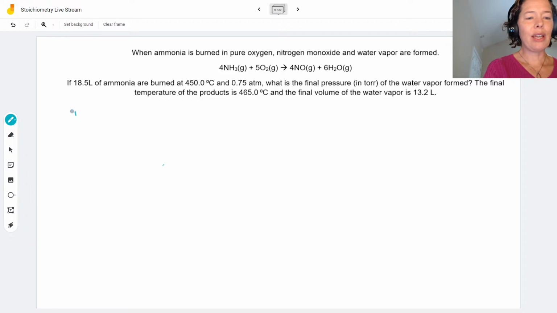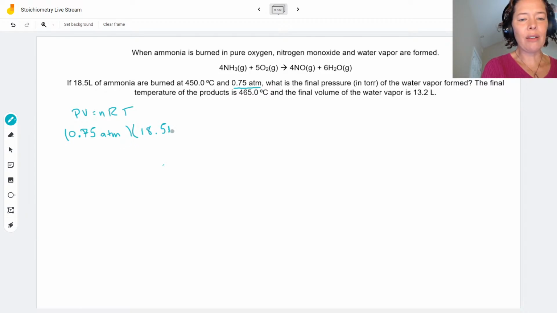So let's go ahead and write down our ideal gas law, and let's fill in what we know. We have 0.75 atmospheres. That is our pressure. Our volume is 18.5 liters. We do not know moles. We want to know moles.